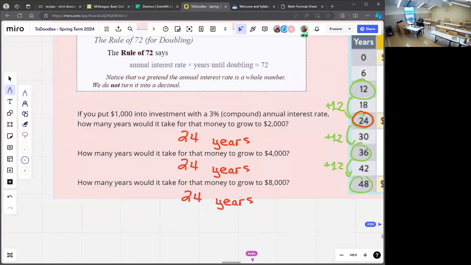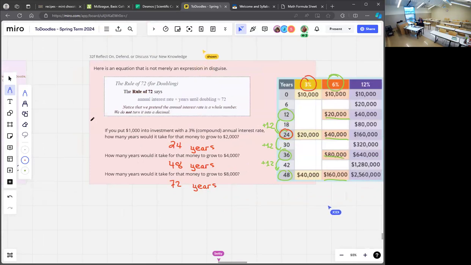I'm not writing it quite right though. If it was another 24, that would be 48. And if it was another 24 after that, then it would be 72. Yeah, it takes way too long for small amounts of money to get big.